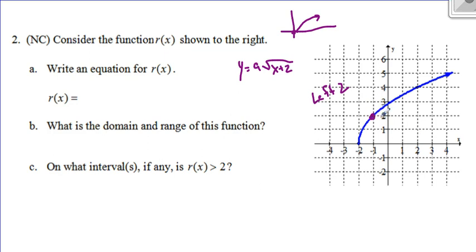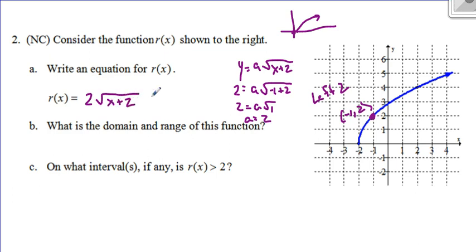I've got negative 1, 2. And I'm going to put that in for x and y to find a. So 2 equals a times the square root of negative 1 plus 2. So that would be the square root of 1, which is just 1, and a equals 2. And so we have our equation, 2 times the square root of x plus 2.